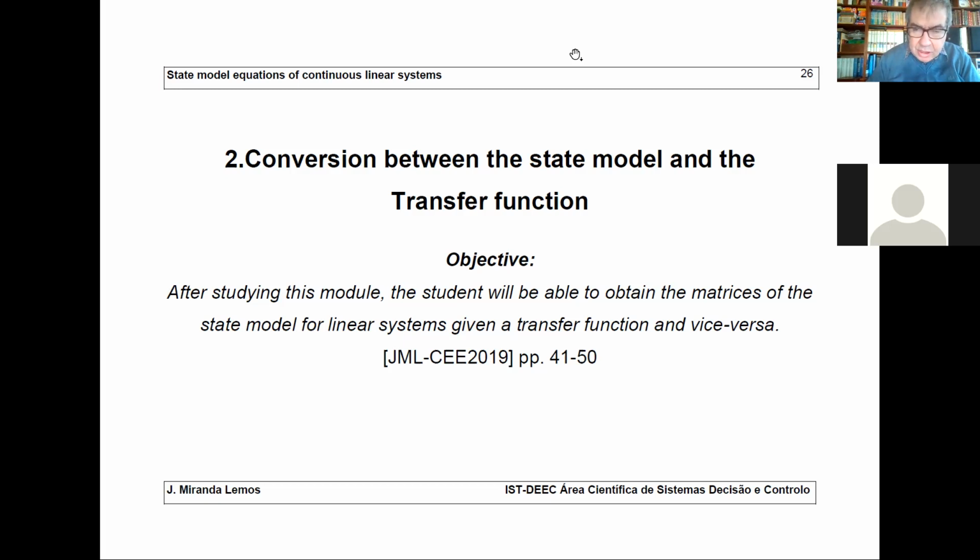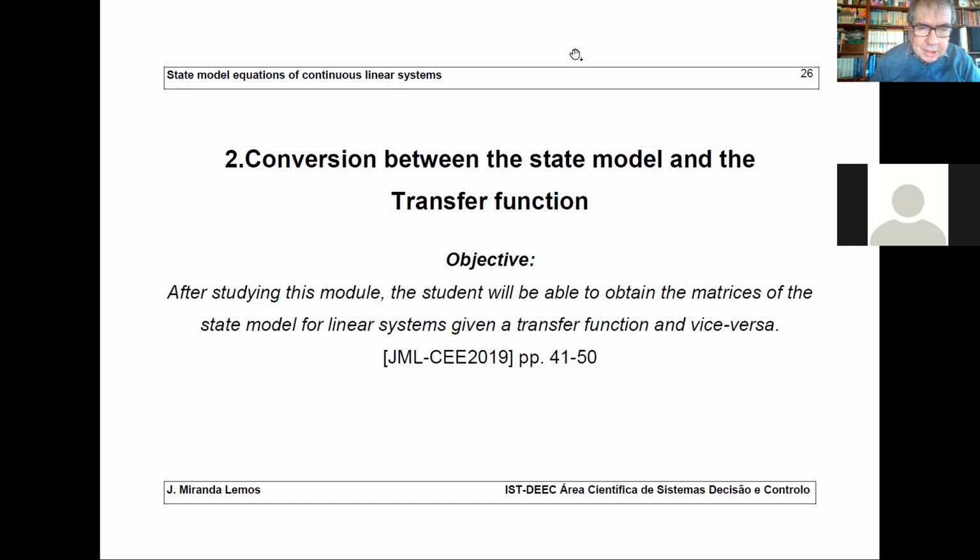We will see that, given a transfer function, there is an infinite number of state models with that transfer function. All the states are related by a geometrical transform that amounts to multiplying the state by an invertible matrix, a square and invertible matrix. But we will see that in due time.